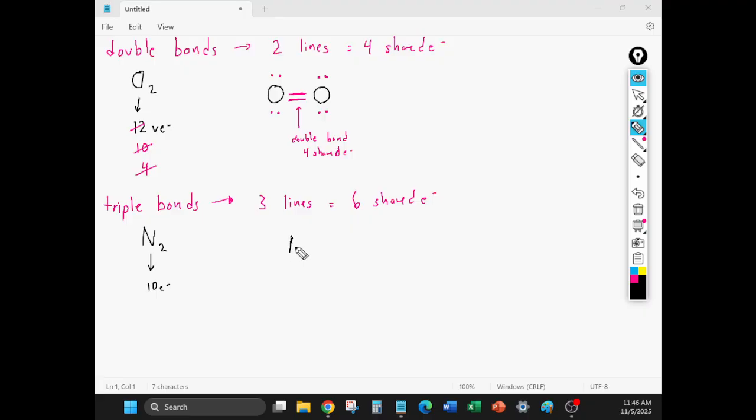If we draw N2, we're going to draw a line in between them, and I already told you it's triple, so let's draw a triple bond. That is 6 electrons, so we have 4 left. Now if you look at this nitrogen, there are 3 lines next to it, so it has 6. It wants to get to 8, so we draw 2. We've got 2 left, and the remaining 2 go right there. So that's your triple bond example.